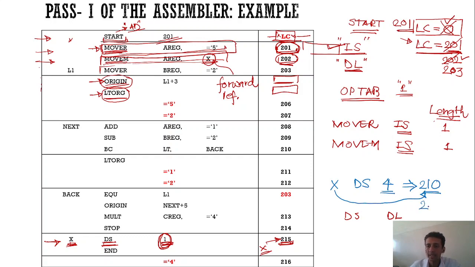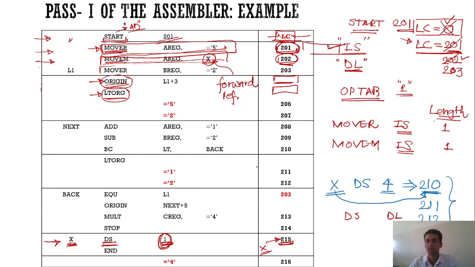So 210, 211, 212 and 230. So these are the 4 memory locations declared for the symbol X, and X will be pointing to the first symbol, that is 210.